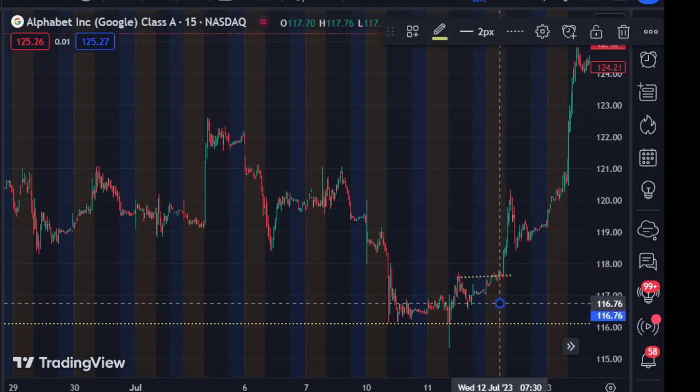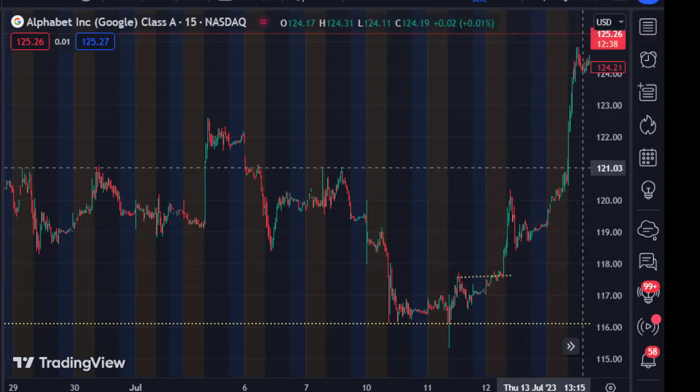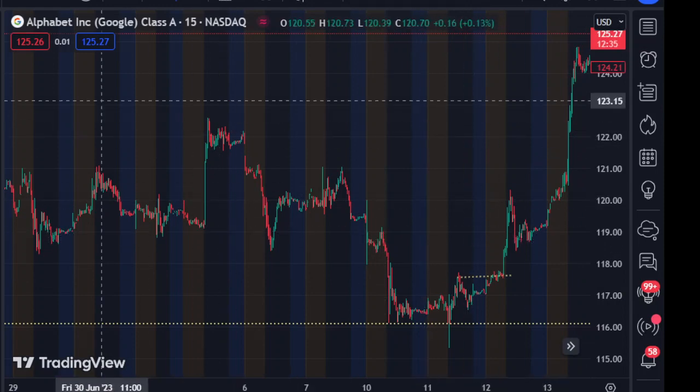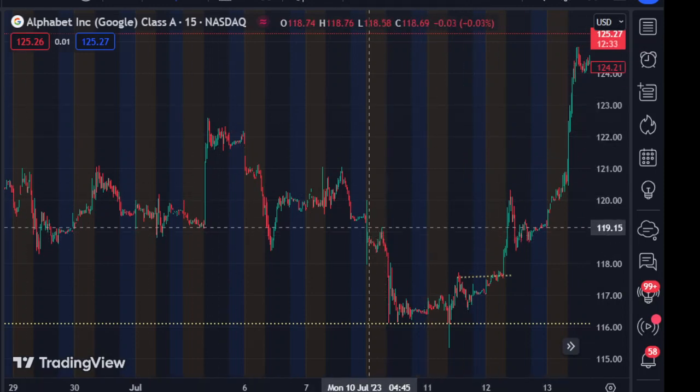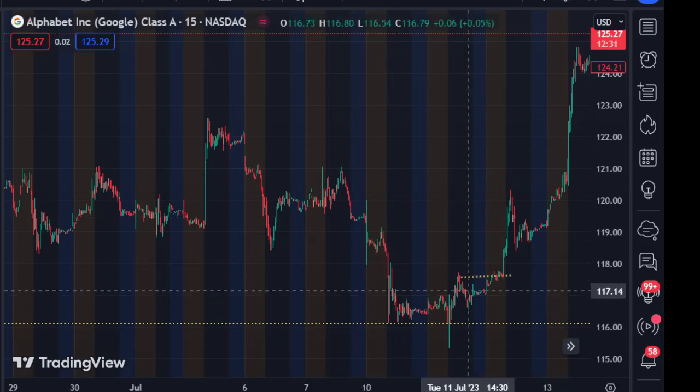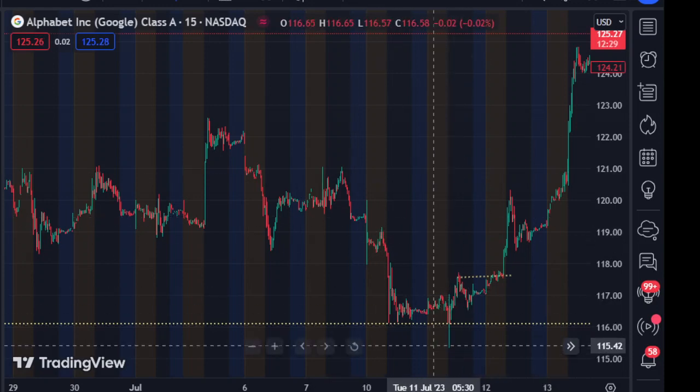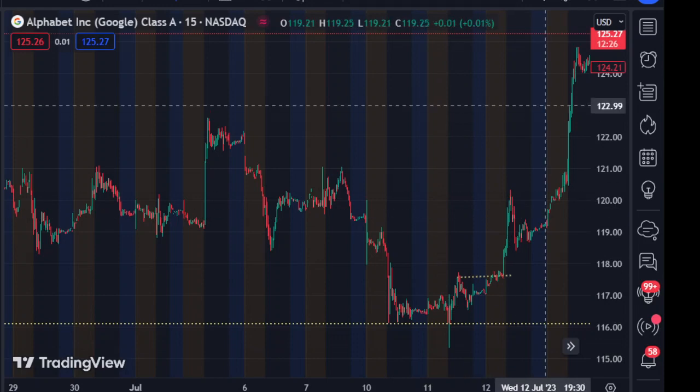Take over here. Then the next one would be right here. I'm not marking it, as it goes up, but it's not like I'm buying it on Monday, Tuesday and then holding it all the way.